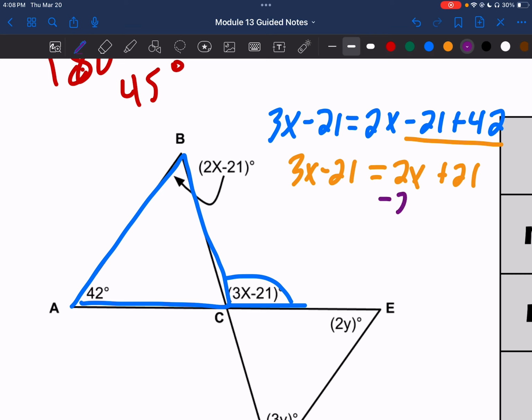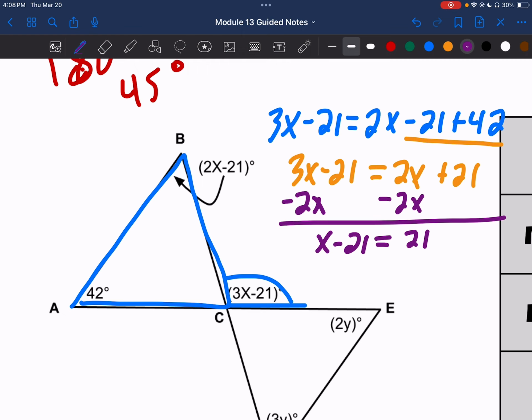Then I'm going to subtract 2x from both sides. x minus 21 equals 21. And then I need to add 21. x is going to equal 42.